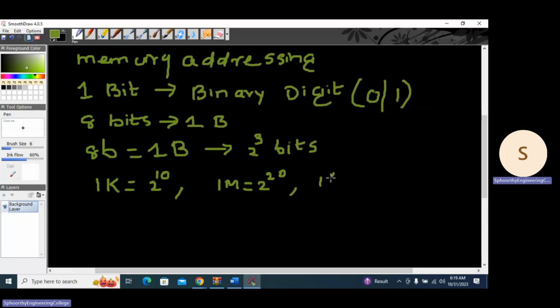Similarly, 1 giga is equal to 2 power 30. So I'm talking only about what a kilo, mega, giga mean.